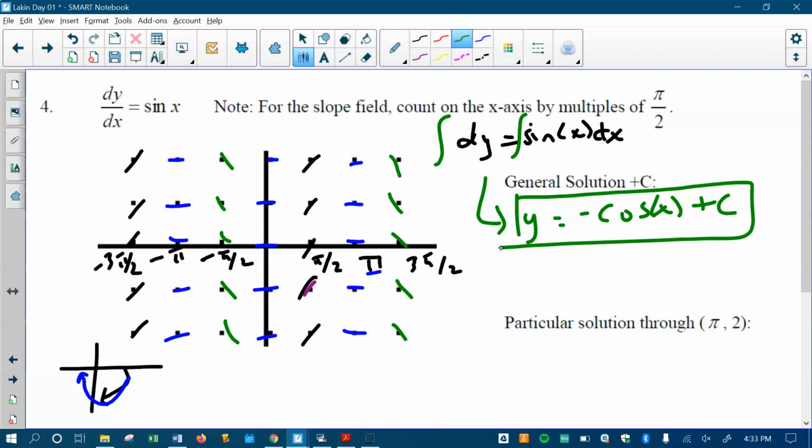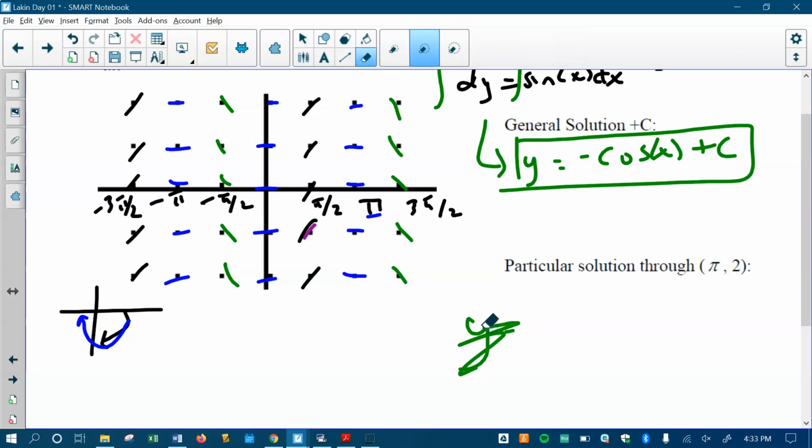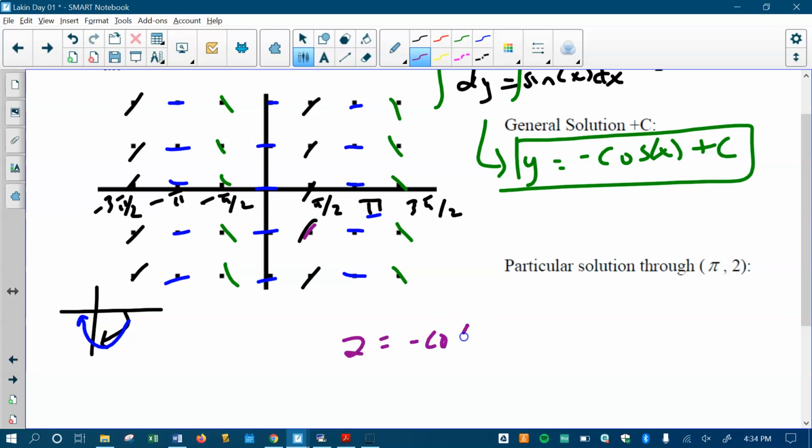Okay, to do the particular solution through (pi, 2), we're going to plug in pi and 2 for x and y. So 2 is equal to negative cosine of pi plus c.